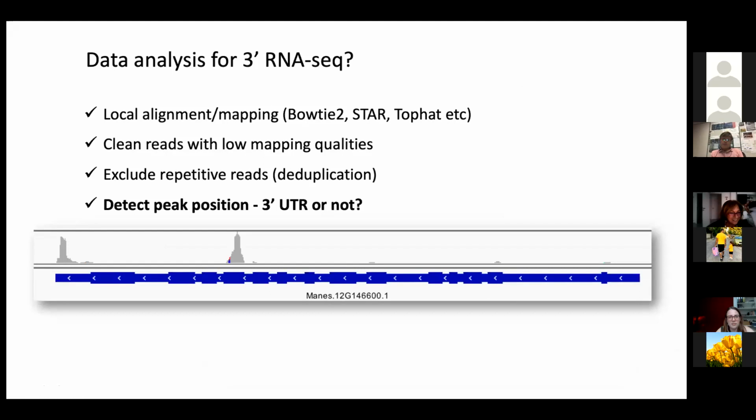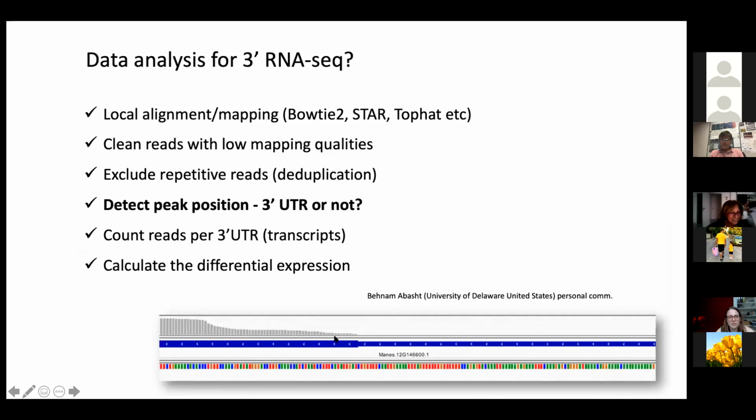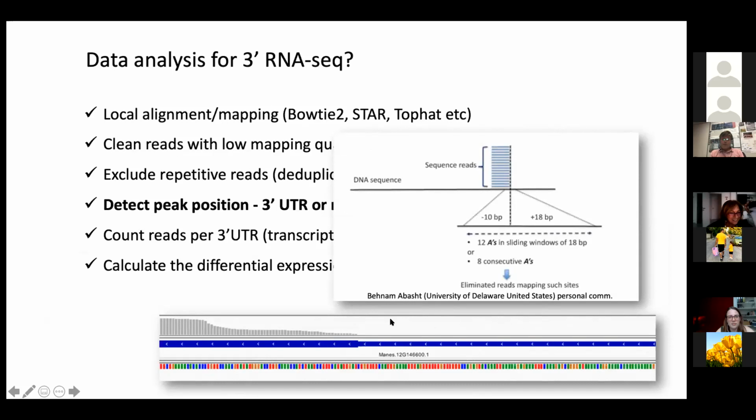We have a situation where we have two peaks. We have one peak which is nicely placed down at the UTR, but in this case we have a peak which is localized in an exon. Again, looking at this region, we find problems with this poly-T or poly-A in the RNA.